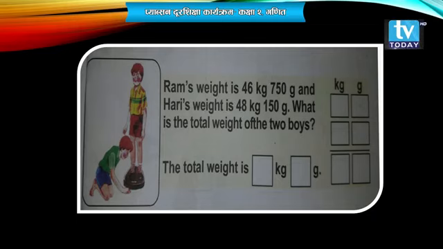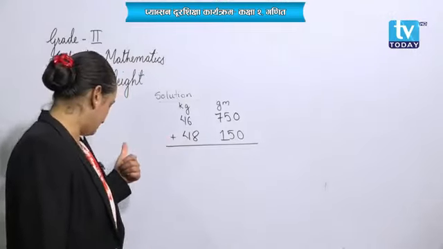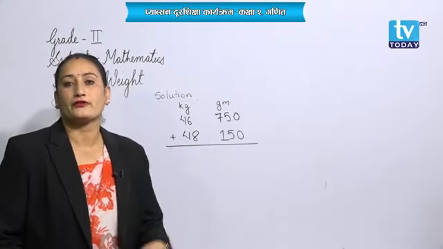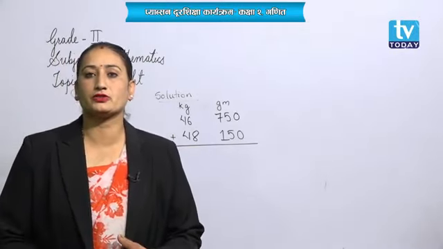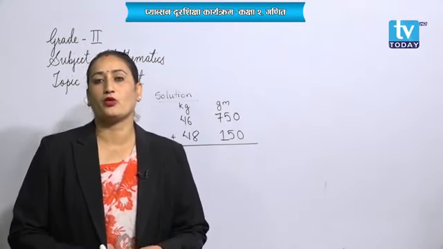Ram's weight is 46 kg 750 gram and Hari's weight is 48 kg 150 gram. Then you need to find out the total weight of both of them. What is the total weight of Ram and Hari? Okay, now for finding out the total weight, we need to add both of their weights.